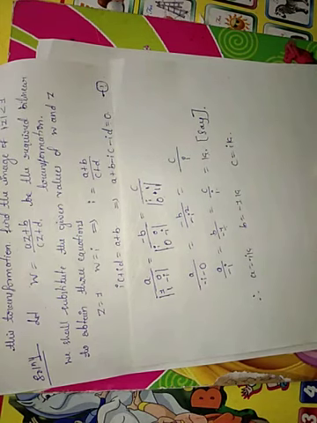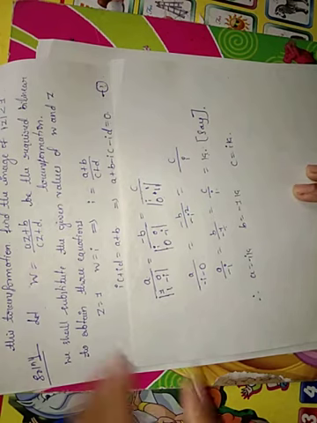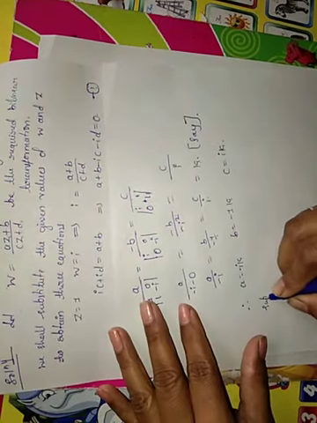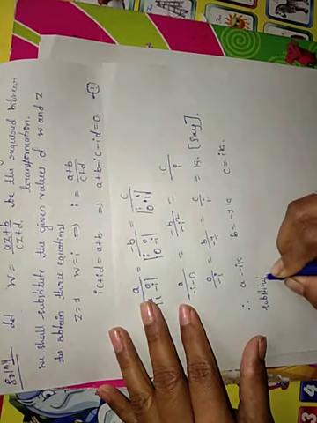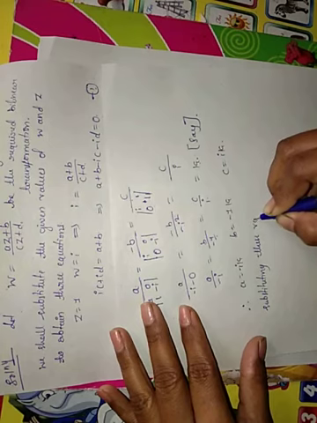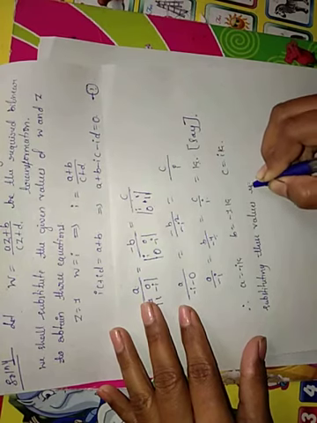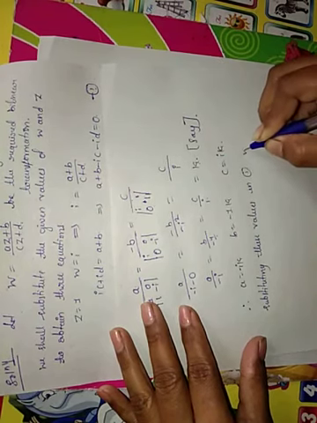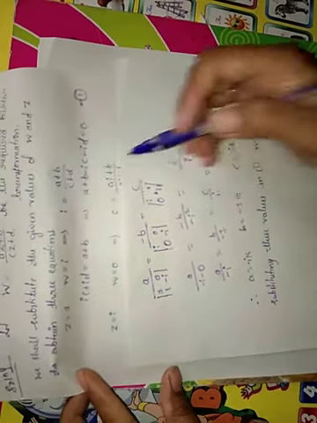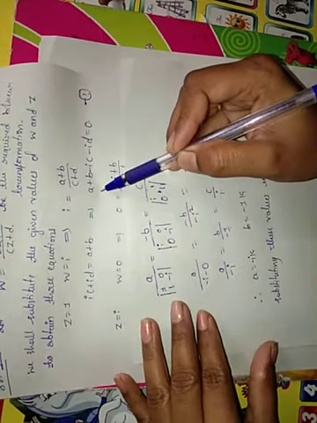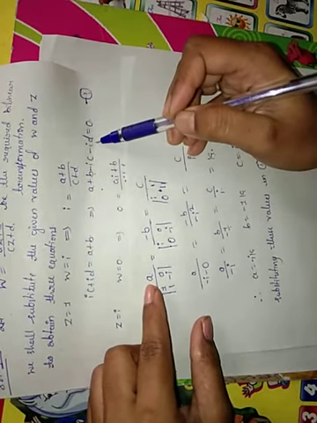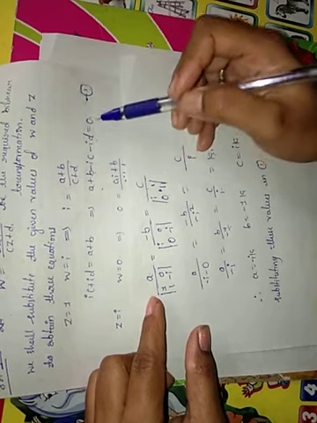Now we have to substitute the values of A, B, C in equation 1. Substituting these values in 1, our equation 1 is A plus B minus iC minus iD is equal to 0.